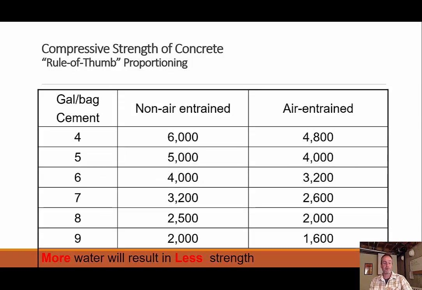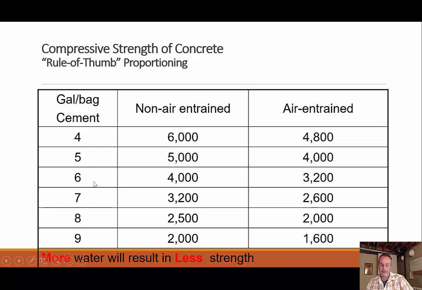Here's a general rule of thumb for how the gallons per bag of cement will affect the strength of our concrete. And we've talked about this on a number of slides, but we still see it here too. If we have 4 gallons per bag, we could have a 6,000 PSI concrete. And if it were air-entrained, it drops a little bit down to 4,800.